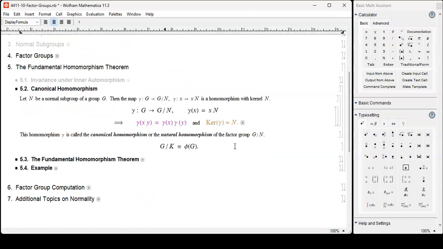Let's rewrite all those in terms of the characters we use here. G stays as G, K becomes N, and phi is replaced by gamma. So in terms of this, we get G over N is isomorphic to gamma of G, according to this. And now, is this true?